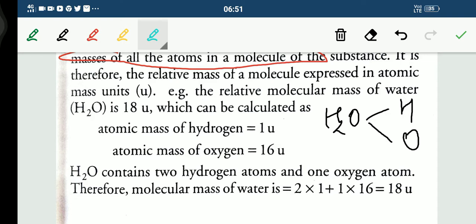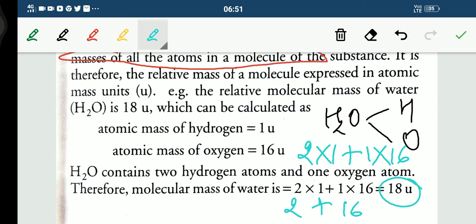So 2 multiplied by the atomic mass of hydrogen, that is 1, plus how many atoms are there in oxygen? Only 1, multiplied by its atomic mass, that is 16. So what would be your answer? 2 ones are 2 plus 16 ones are 16. So it's 16 plus 2, that is 18 unified mass.